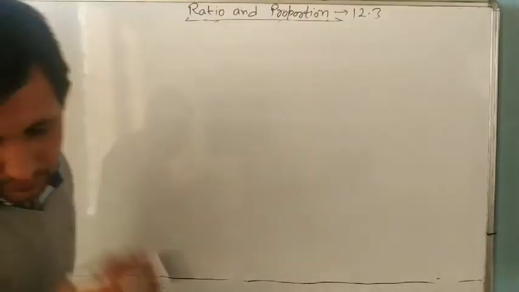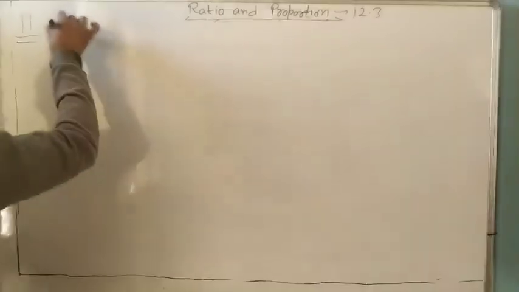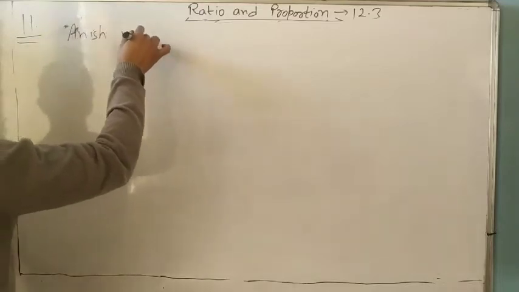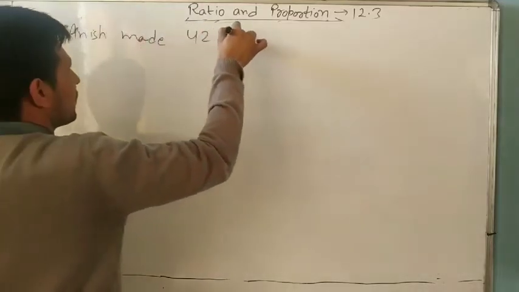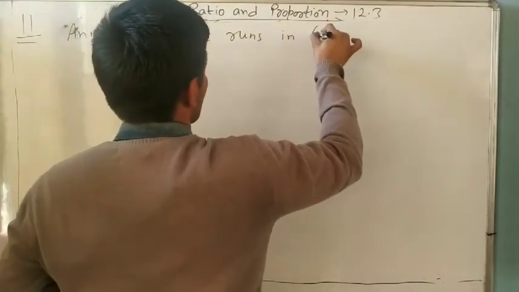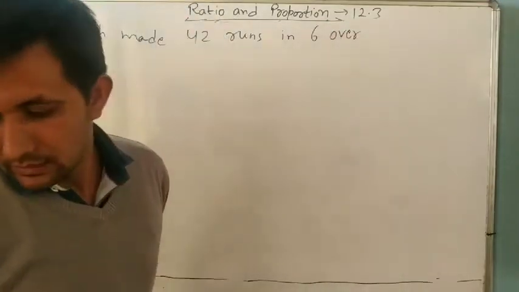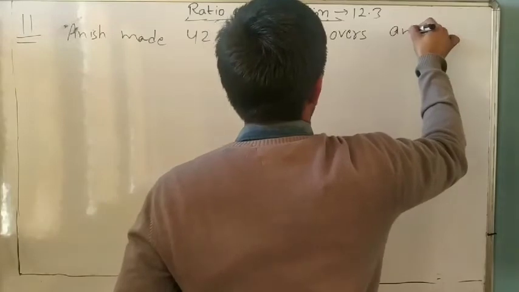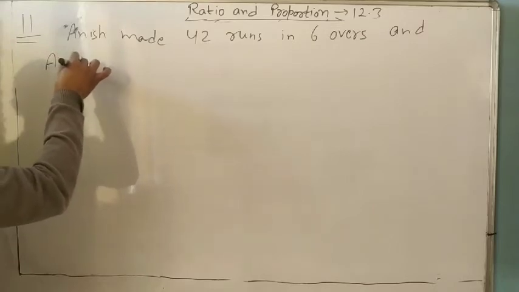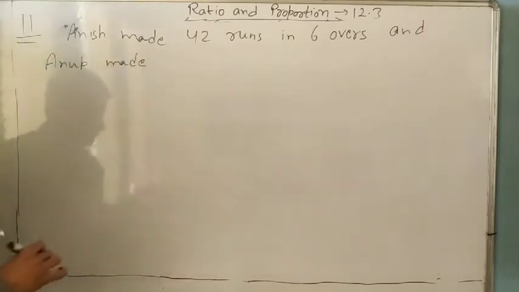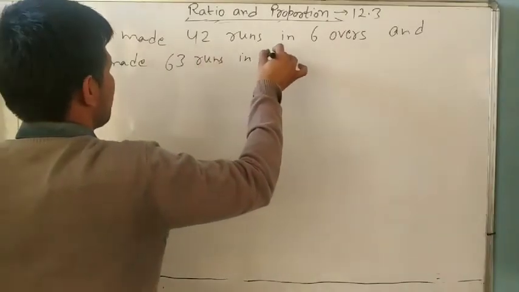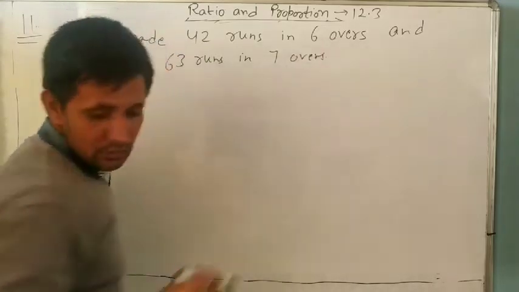We will write: Anis made 42 runs in 6 overs, and Anup made 63 runs in 7 overs.